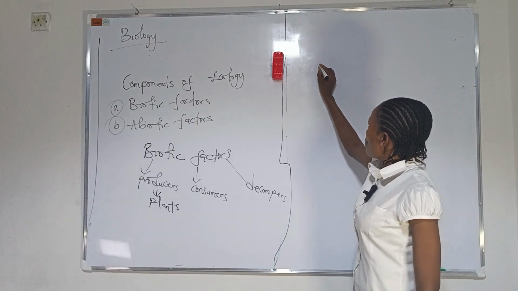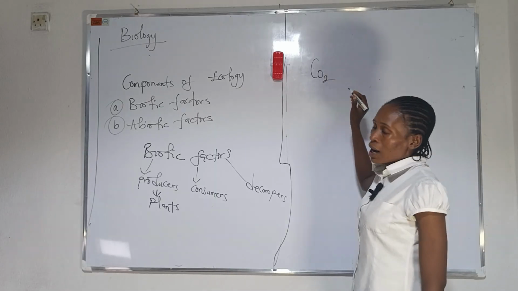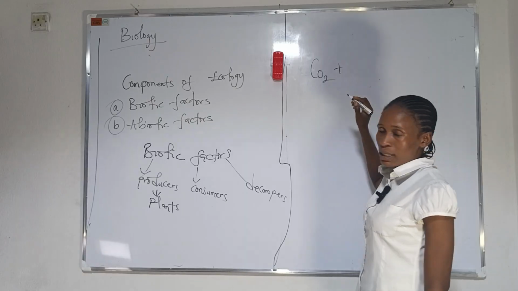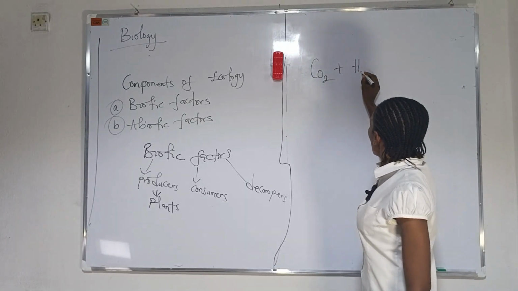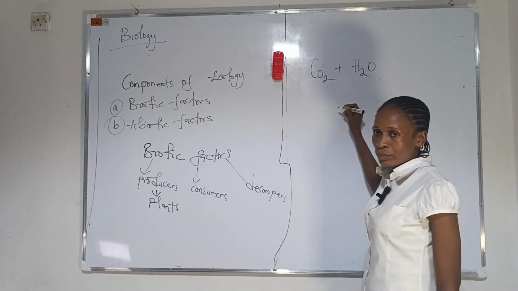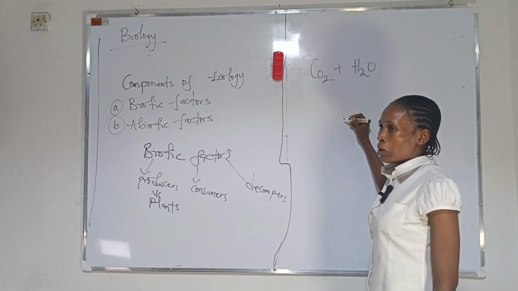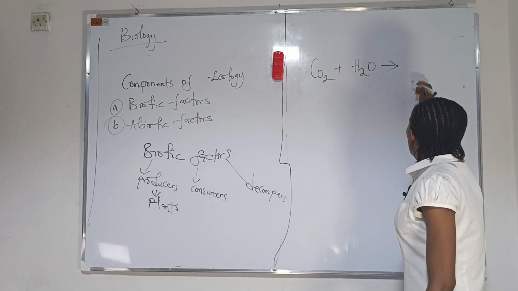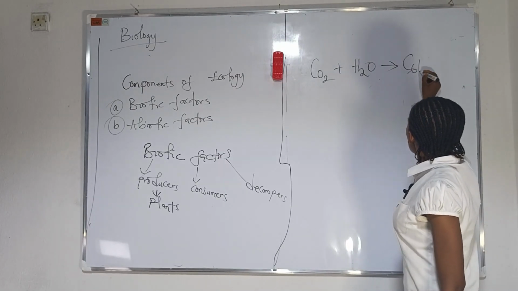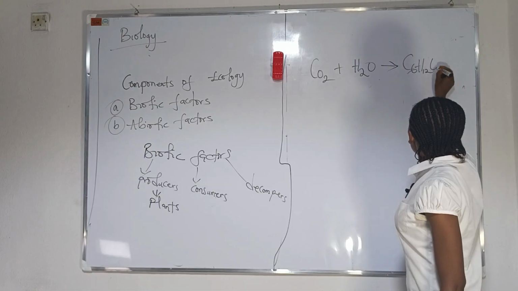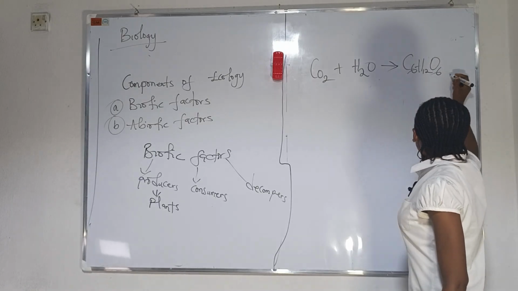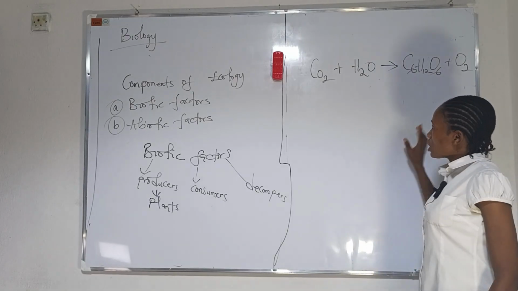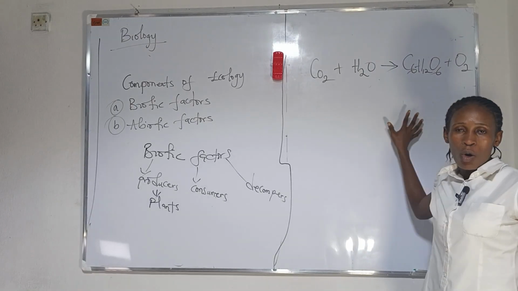I have CO2, carbon dioxide, plus H2O. Are you with me? Okay. So give me glucose, C6H12O6, plus oxygen. I have just written an equation which is not balanced.